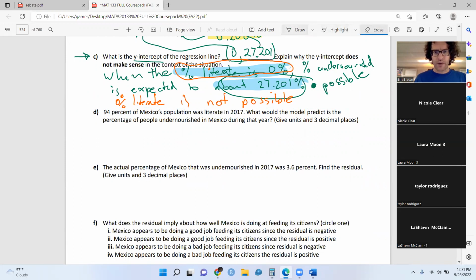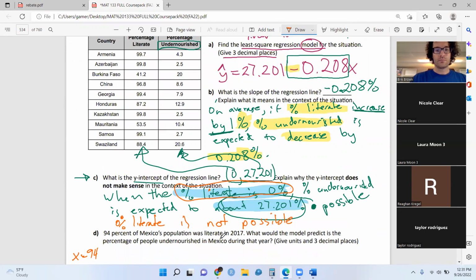So we got that 94% of Mexico's population was literate in 2017. Okay, Regan, how did you know that 94 was an X value? Because it says the percent literate, and if you look at the table up above, that's the X value. Perfect. That's the first thing we need to note. Second question.